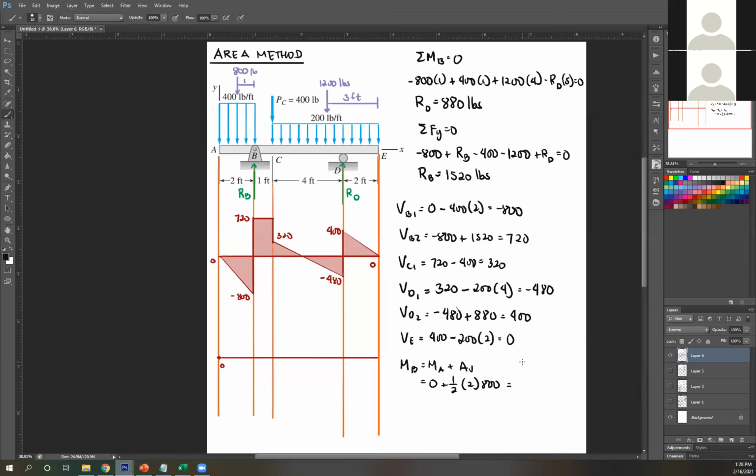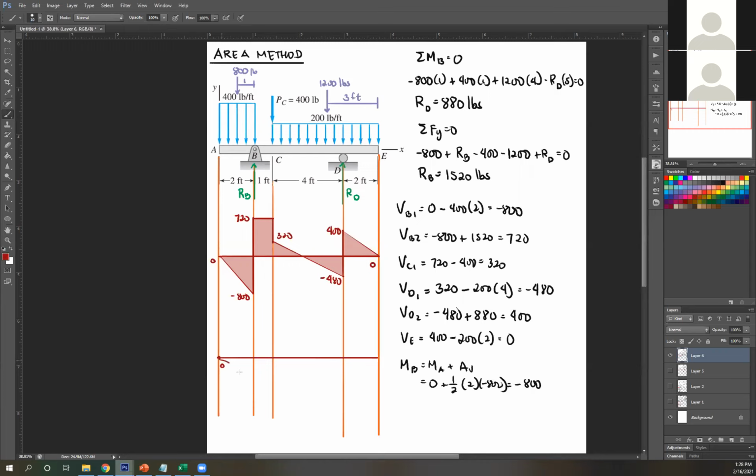So 0 minus 1/2 times base 2 times height 800, you get negative 800. So this is negative 800.